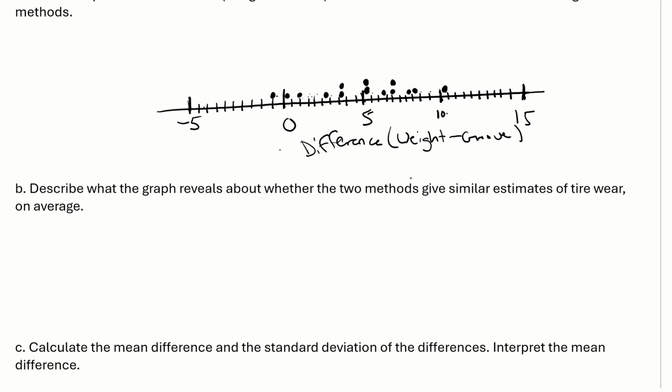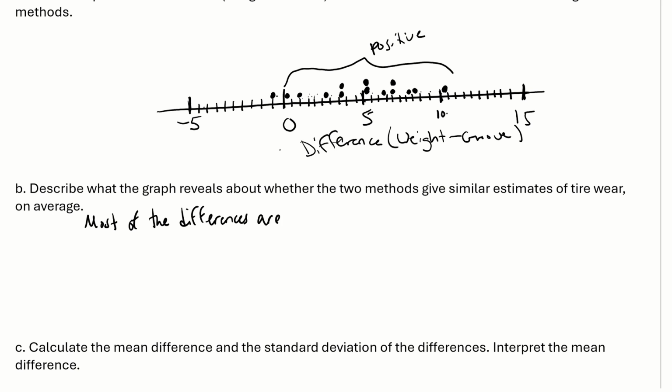Notice that the data reveals that most of the data is positive, right? So most of the differences are positive, about whether the two methods give similar estimates of tire wear on average.